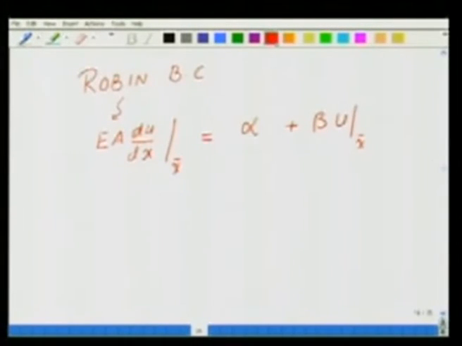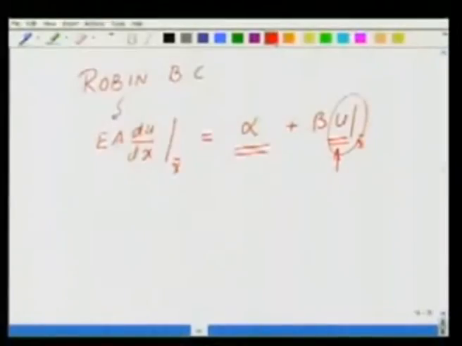That is, the boundary condition is given in terms of some known and a component which is unknown, because u here is unknown. So, it is mixed in the sense that it has both the knowns and the unknowns sitting in the boundary condition, and because this unknown u is sitting there, this has to be taken to the left hand side and it leads to a change in our stiffness matrix.